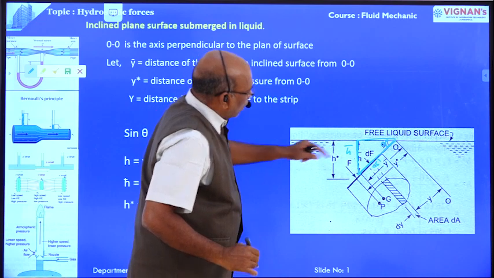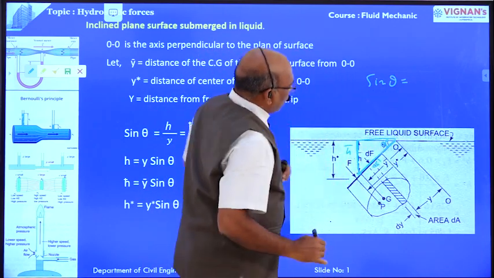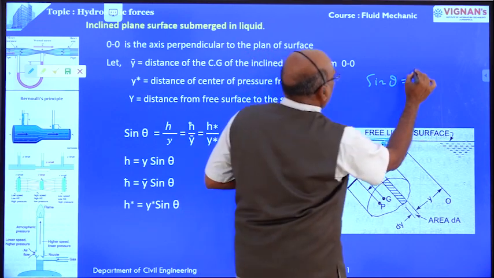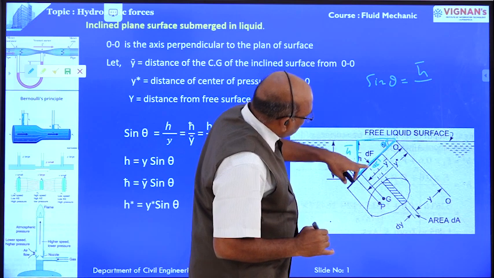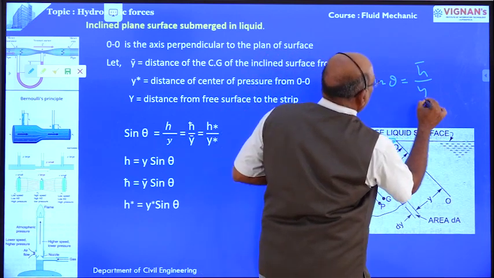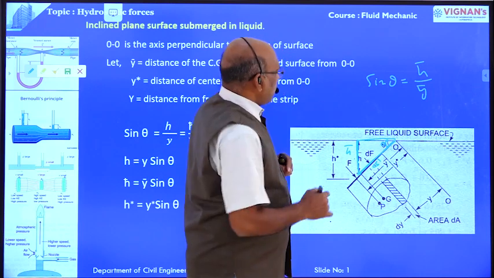Now sin theta is equal to the opposite side h bar divided by the hypotenuse, that is y bar. Please remember these points, they are very important.